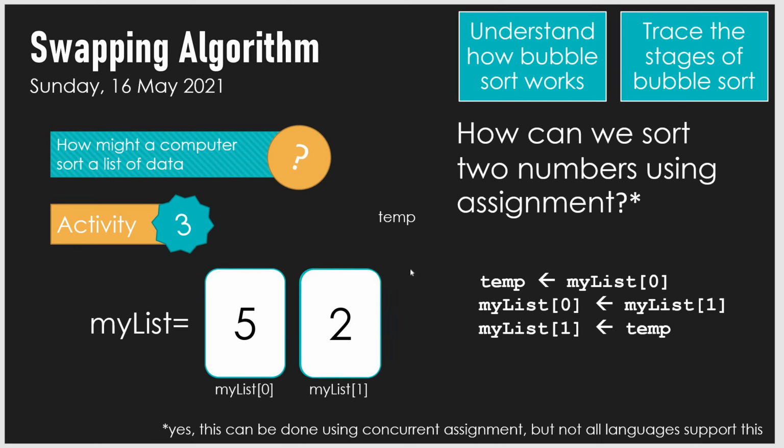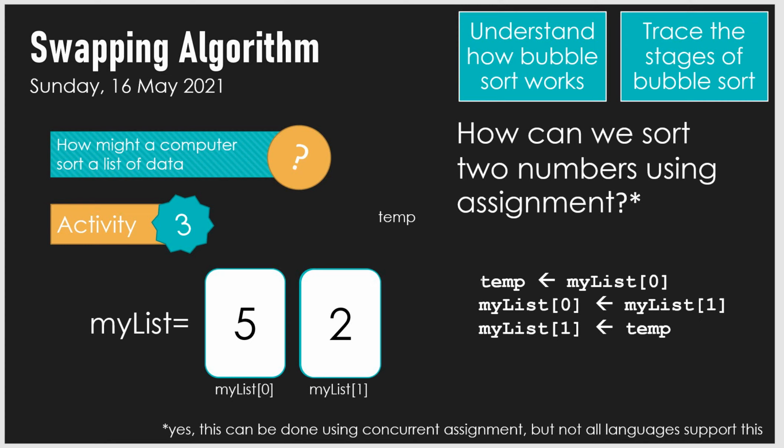Now, of course, if you're using a programming language like Python, you don't have to worry about declaring your data types. But if you're using a programming language like C#, when you declare temp, it has to be the same data type as the two values that you're trying to swap.